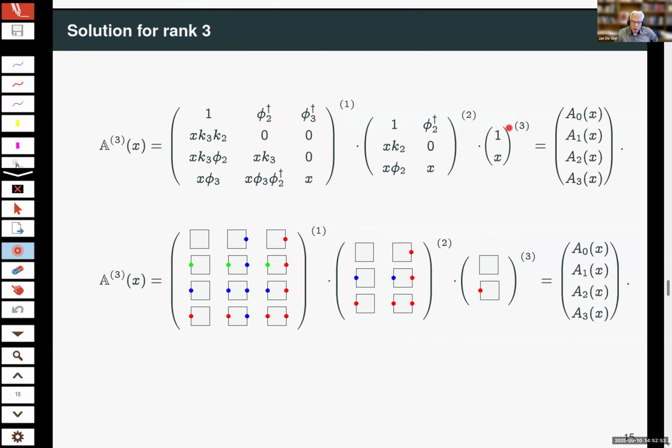Then what you need to do is take solutions for rank 1, rank 2, rank 3, etc. You multiply them, and then you get some vector that has this boson family in it, that boson family, and that boson.